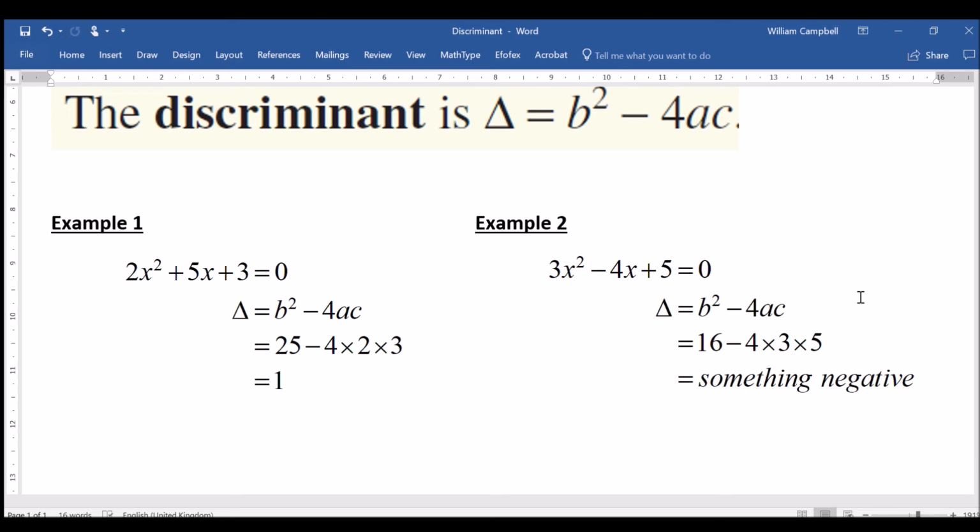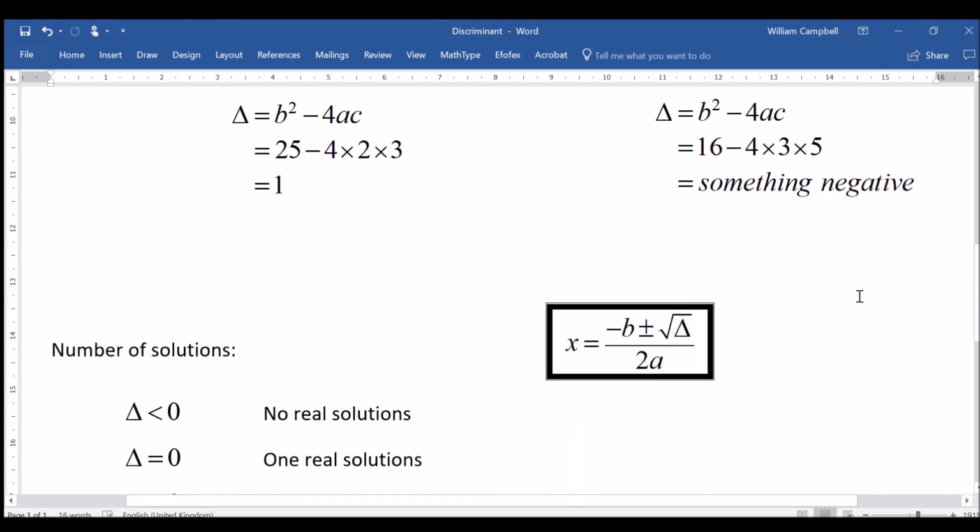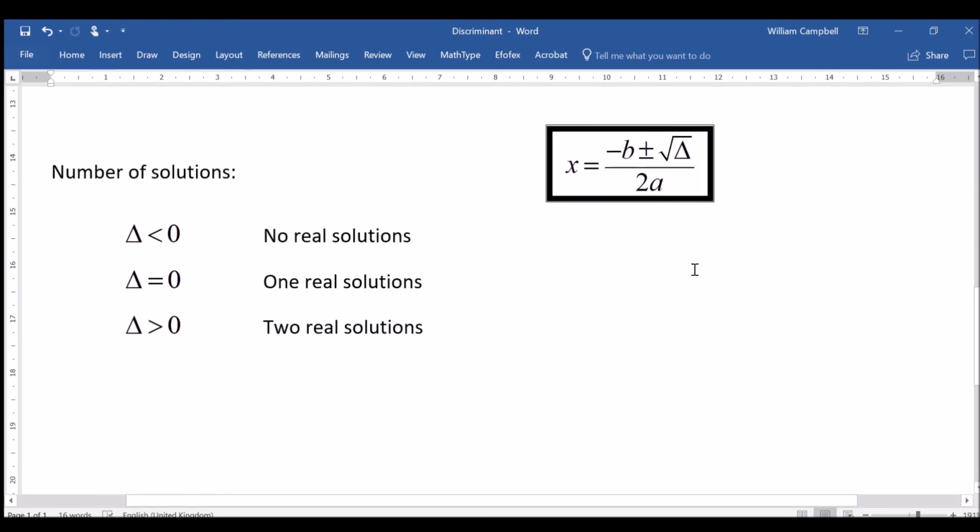And so we can say there are no real solutions to this equation in example 2. It doesn't have any real solutions. So the discriminant, by looking at that alone, lets us know how many solutions an equation will have. So we didn't look at one of the possible things that might happen. So let's talk about them here.